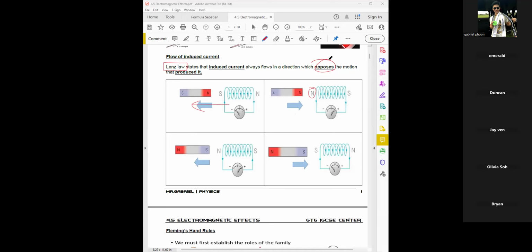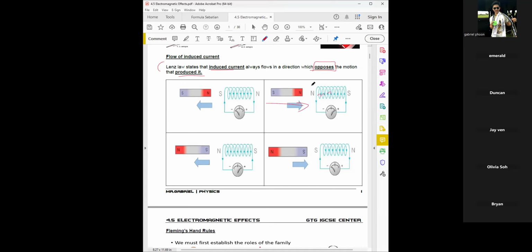So for those who are attempting this, you need to understand that Lenz's law states that the induced current, the current that was produced, will always flow in a direction which opposes the motion producing it. If I push it in, I induce the current already.